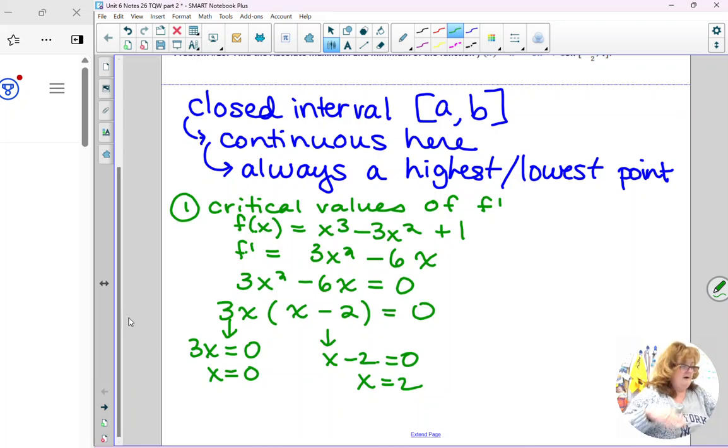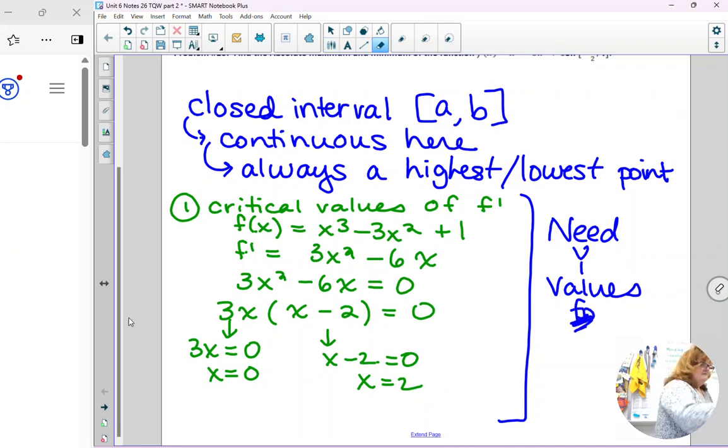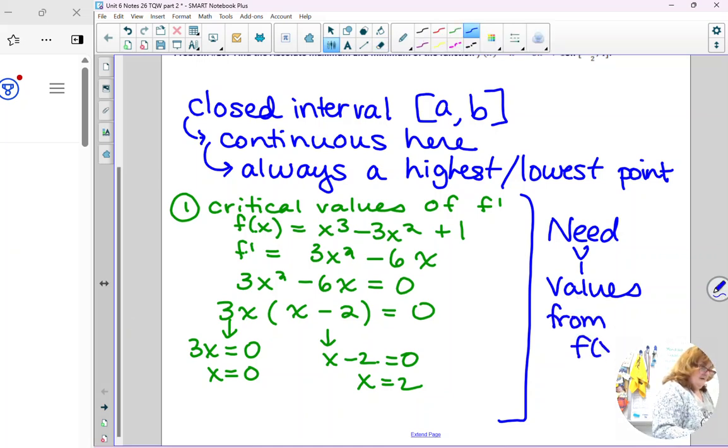But this is the part that gets completely different. When we do absolute mins and maxes, we need to compare y values from the original f of x function.